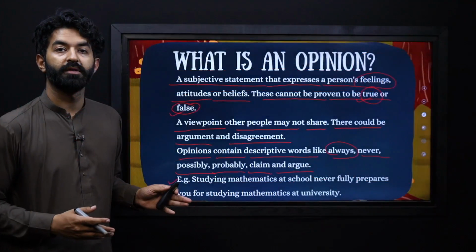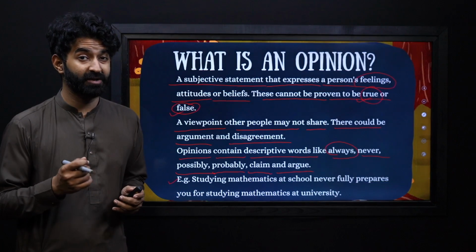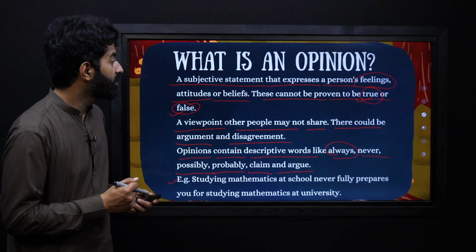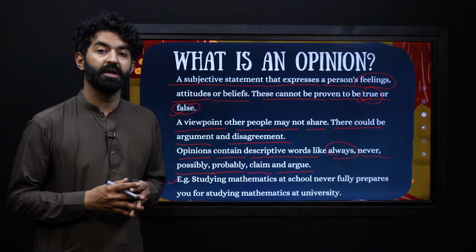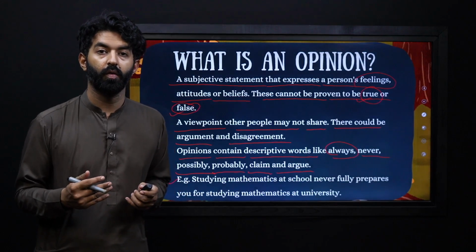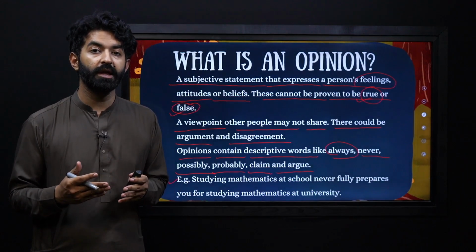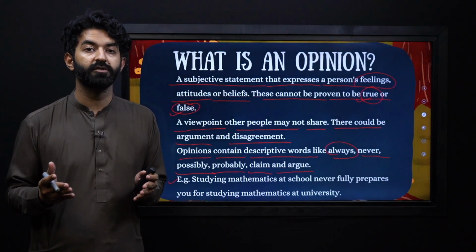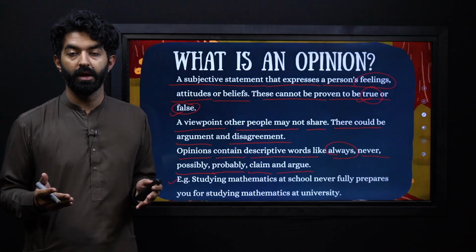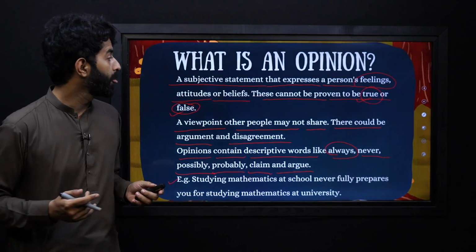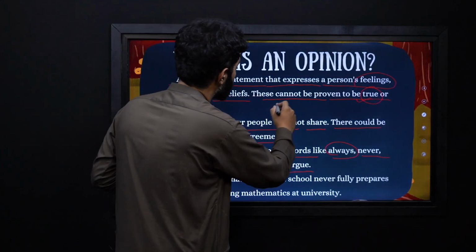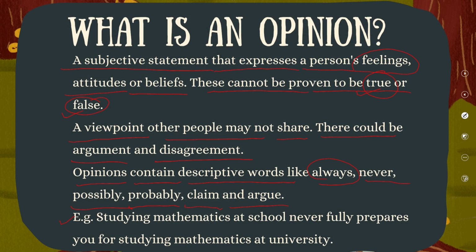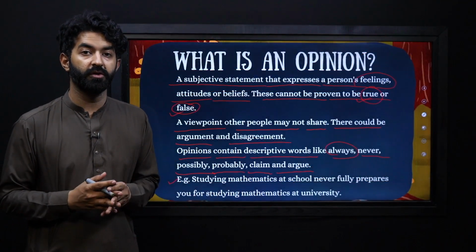So this is also followed by an example. So let's break down what we just read. We learned that opinion is any person's feeling, what they believe about any certain topic or event. So we also learned that it cannot be proven true or false. It varies, it's different.